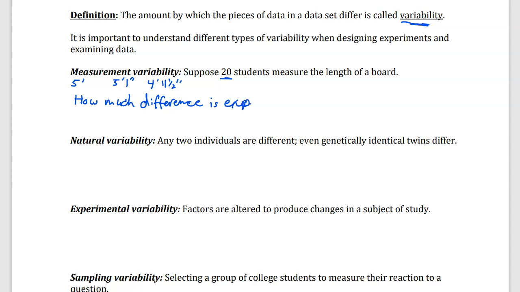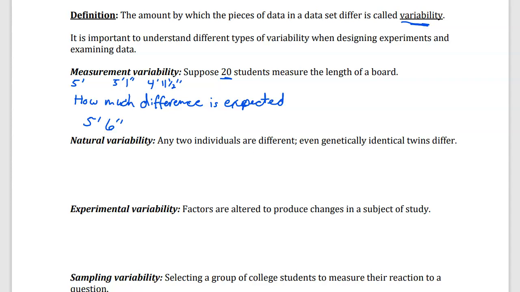I mean, if you think about measuring the length of a board, all of these, if it's around 5 feet, yeah, I would probably accept all of these. But if somebody said those 3 measurements and then somebody else said 5 foot 6 inches, I would kind of wonder. That one might not be very close. So you have to pay attention to, is it drastically different?